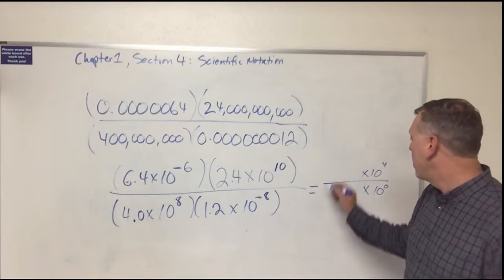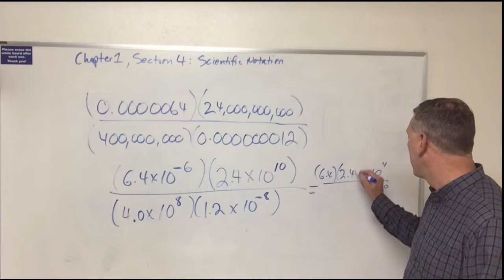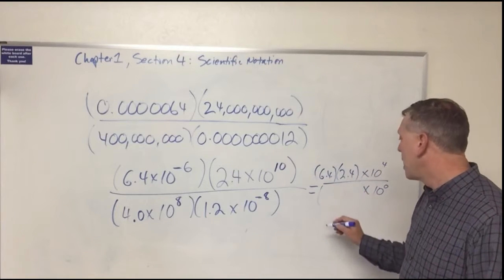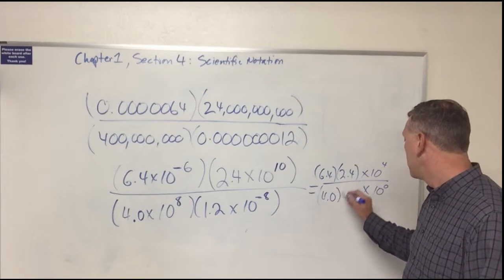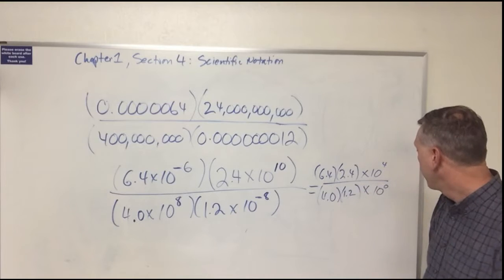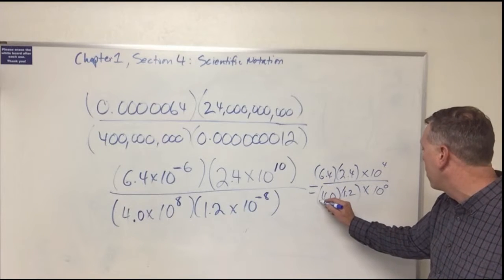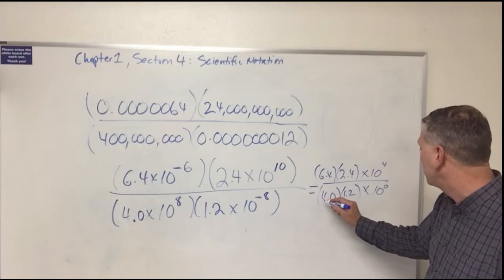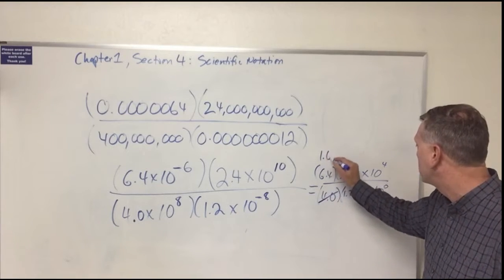And then we have 6.4 times 2.4 times 4.0 times 1.2. And so by the time we cancel all these out, let's see, 4 goes into 64 16 times, so that's 1.6.